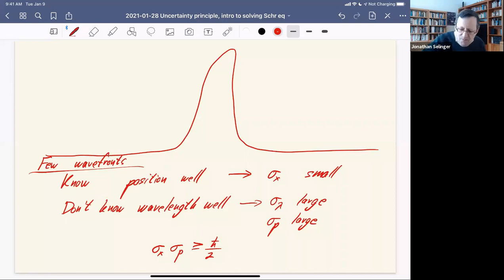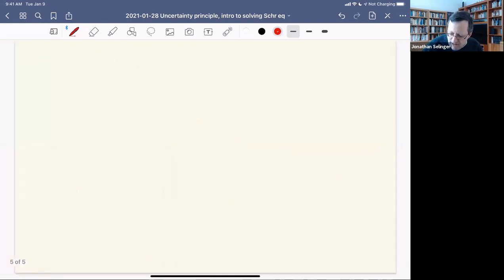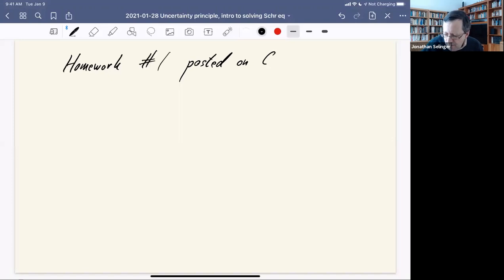Okay, so that's a story about the uncertainty principle. And so it's something that we could check in the examples that I did in the last class, and it's something that you can check with future examples, which reminds me, that brings me to the next thing I wanted to say, which is that I've now posted a homework for you. All right, so there is a homework number 1, which is posted on the Google Drive.